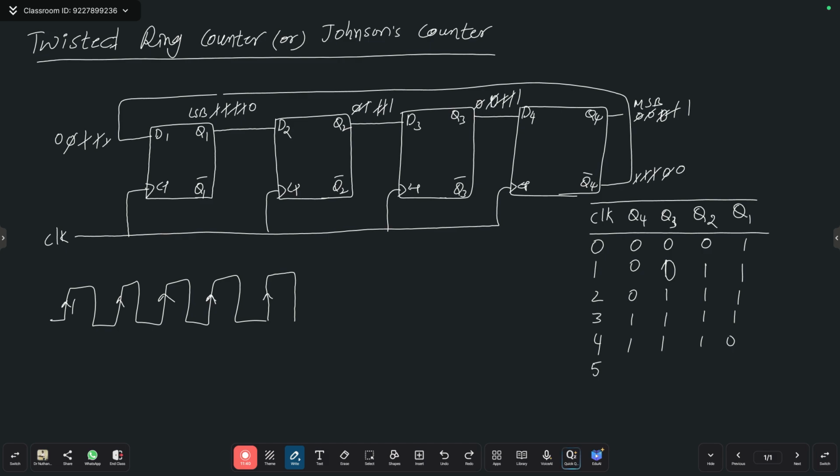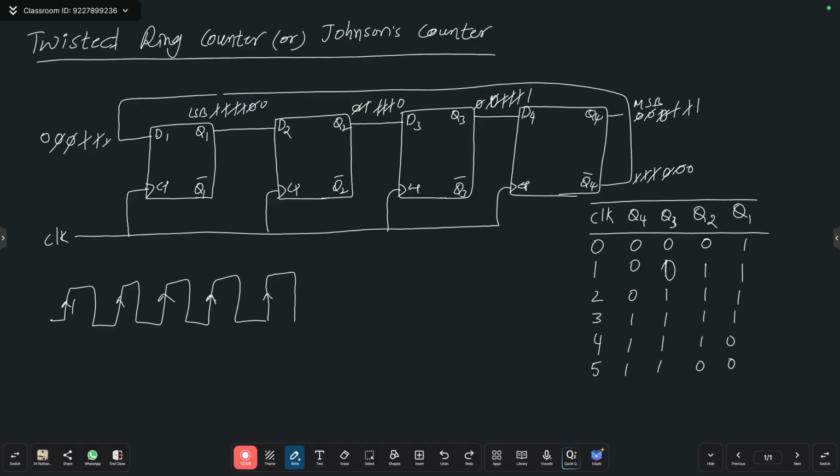When I am giving next clock, what happened? This 0 moves to here, this 0 moves to here, this one moves to here, and this one moves to here. So if it is 1, it should be 0. Then what is happening? 1, 1, 0, 0. Right? Now before giving clock, this 0 is ready for the inputting.